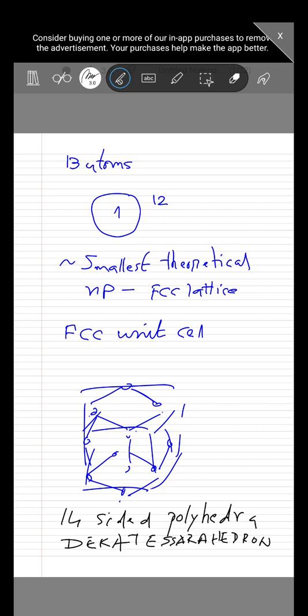And they're generated by atoms with planar faces.